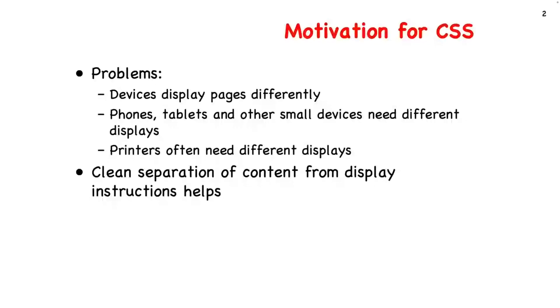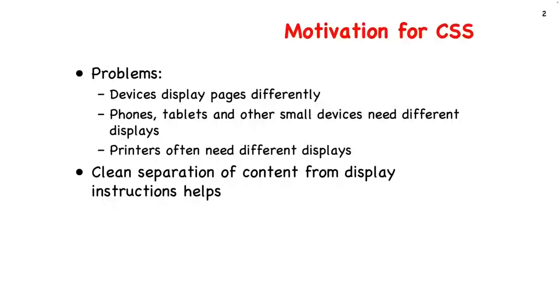Does it mean some ultra-wide monitor with 5,000 pixels in one direction and feet long, or does it mean the sort of thing we find in the labs? All sorts of things, different manufacturers and so on. So we need ways of trying to standardize things there and to allow us to tailor our displays to different devices. And if we want to print, then printers may well need something different.